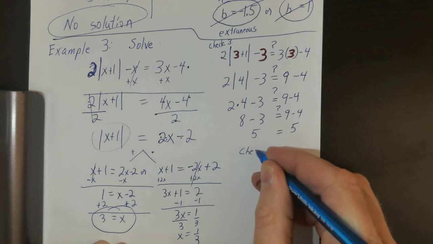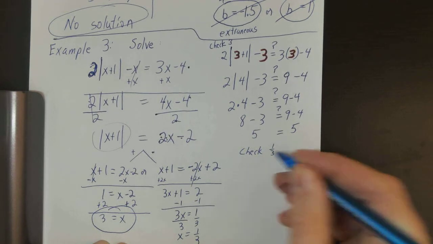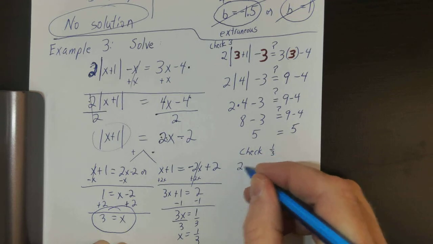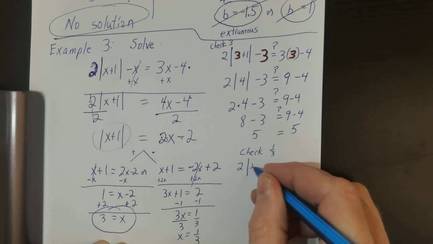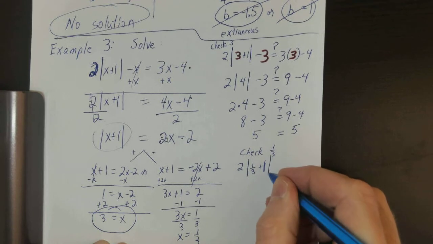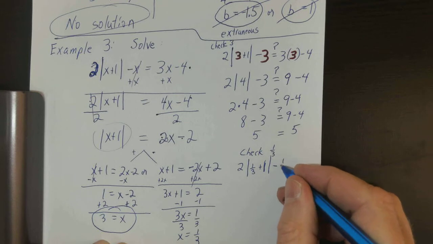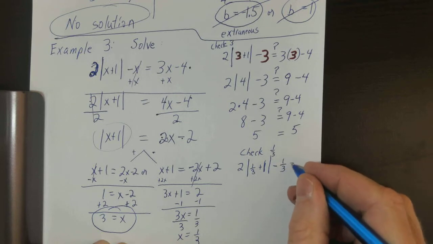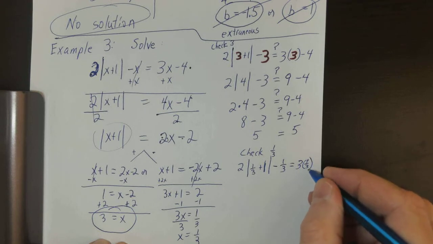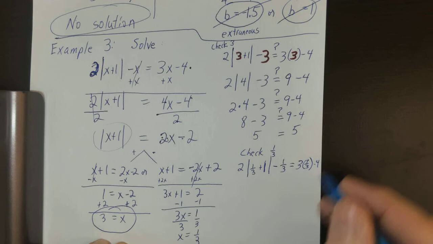Now let's check 1/3. Let's check when x is 1/3. So 2 times the absolute value of 1/3 plus 1 minus 1/3, does that equal 3 times 1/3 minus 4?